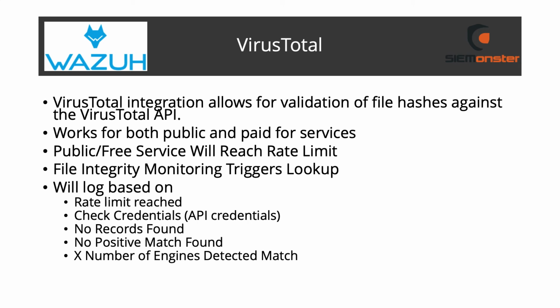And then also, if it has been detected by at least one of the engines, it will give you a number of engines that detected a match, which indicates a file that is either infected with a virus or some kind of malware or even shellcode.